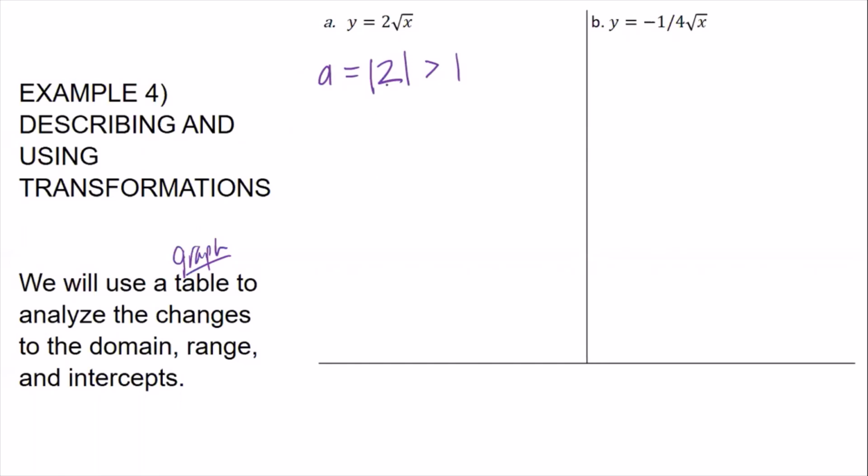It's not a reflection. It's greater than 1. So we said A. And what does it mean when the absolute value of A is greater than 1? It's a vertical stretch. So we have a vertical stretch by 2.